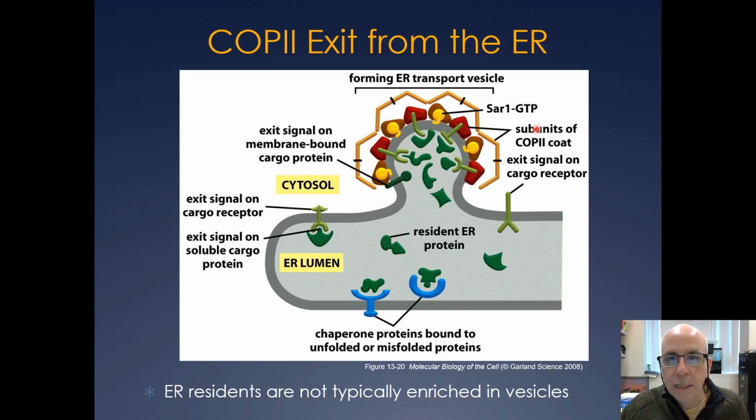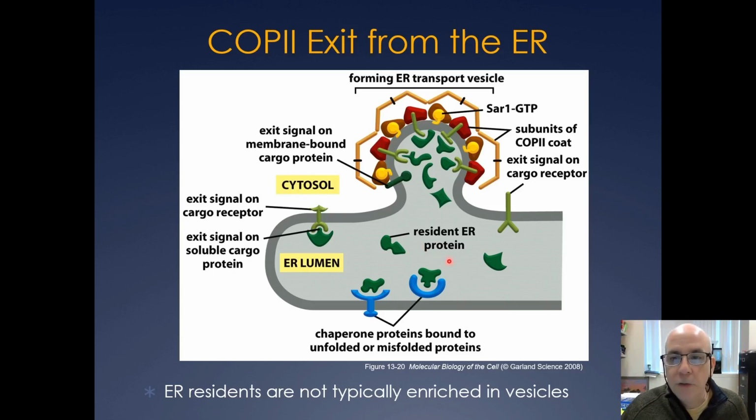Okay, so let's look at exit from the ER. This is all mediated by the COPII vesicles, and we saw how those formed last time. You have your Sar1-GTP, Sec23/24 and Sec13/31, and these are selecting cargo receptors as well as cargo. Now, in the ER, there are actually ER resident proteins that help in folding, and we've already seen a couple of these when we were looking at translocation.